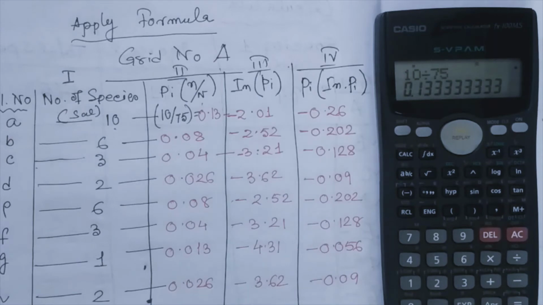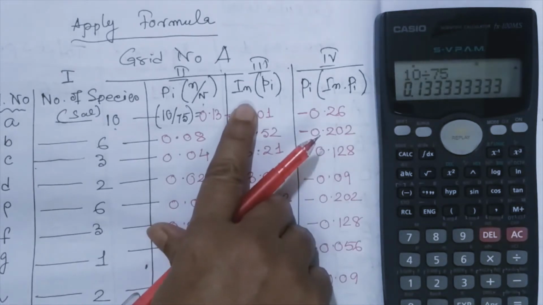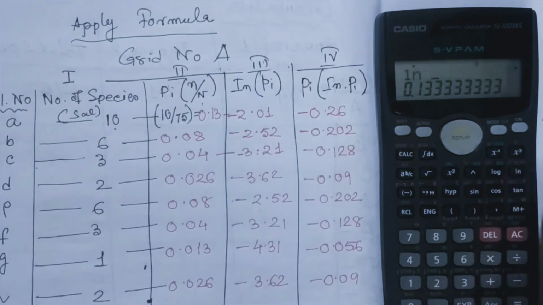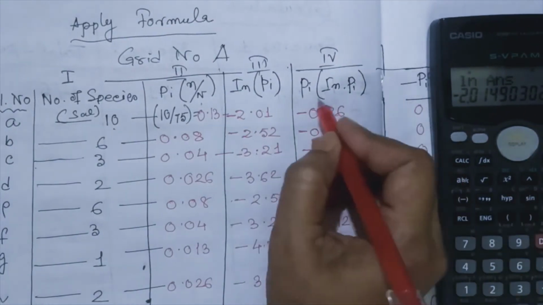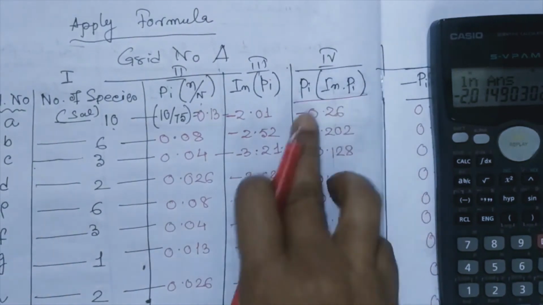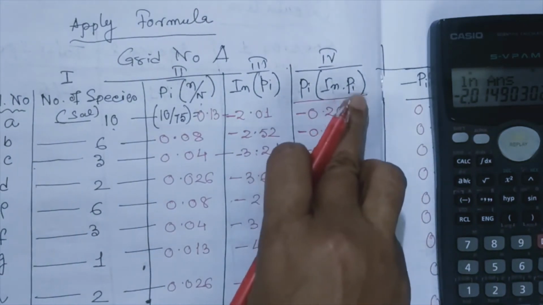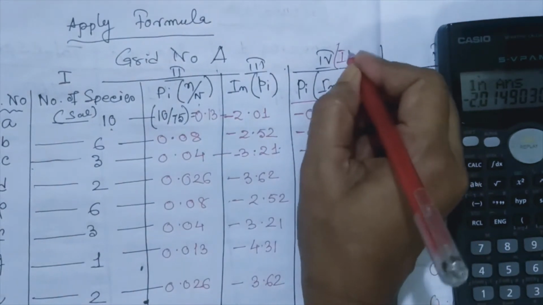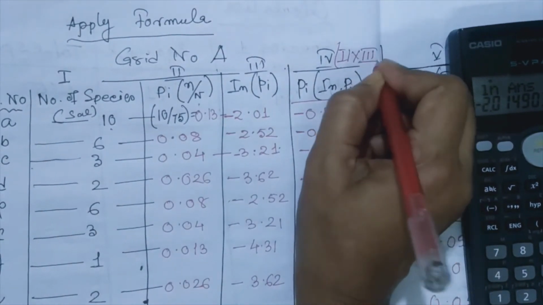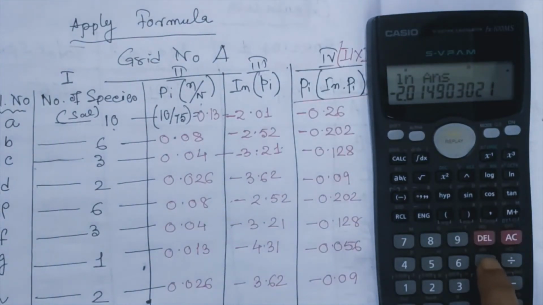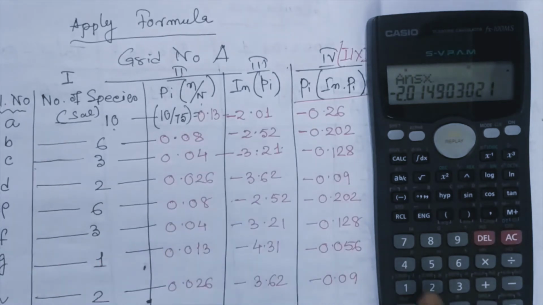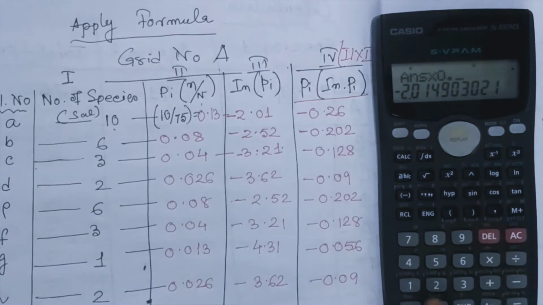The answer is 0.13, and then go for the natural log, press ln and then press answer, and then equal to, the value will come in minus, that is minus 2.01. Then you have to calculate p into natural logarithm of p1, that is basically the multiplication of column number 3 and 4. So just after the answer, multiply with 0.13.